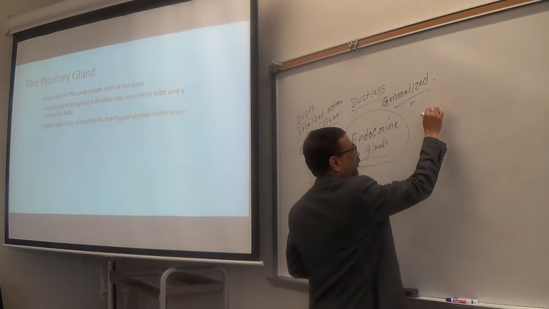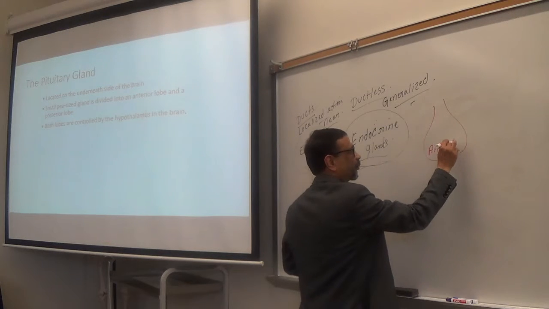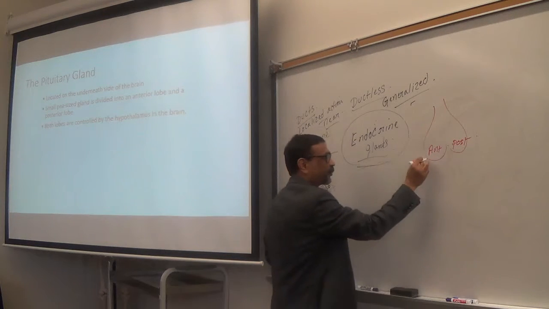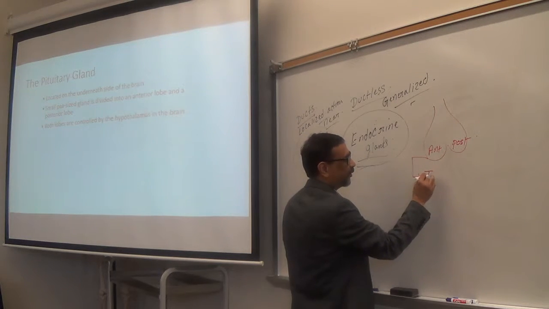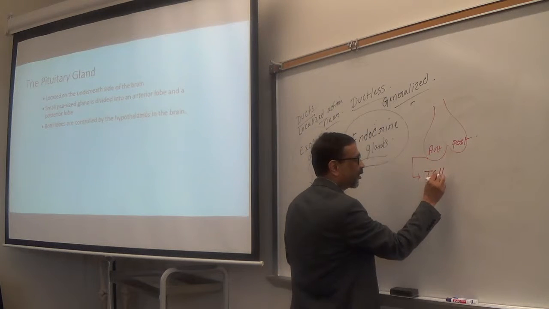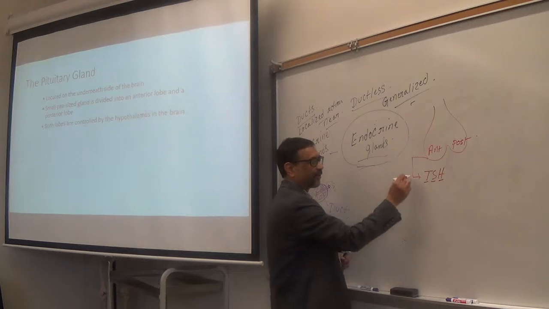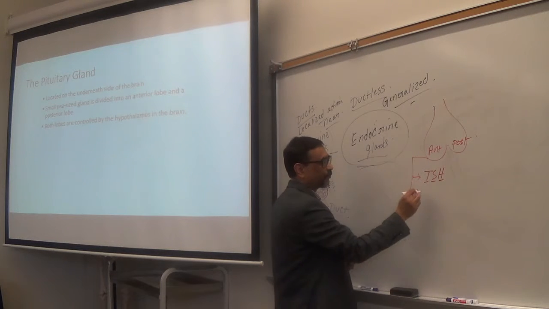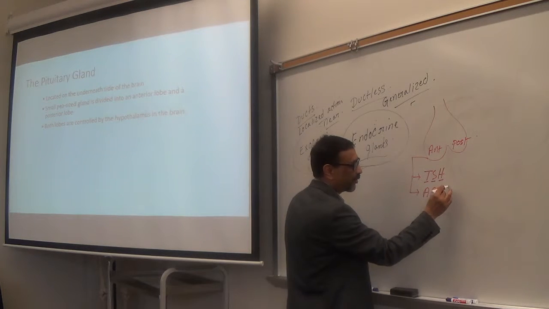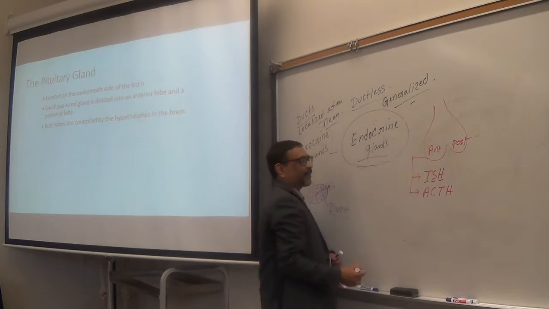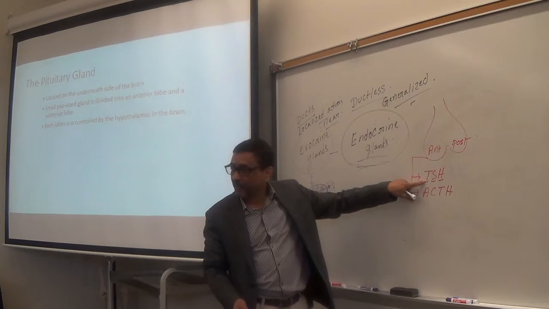So this is the pituitary, this is the anterior, this is the posterior. The anterior pituitary releases thyroid stimulating hormone.